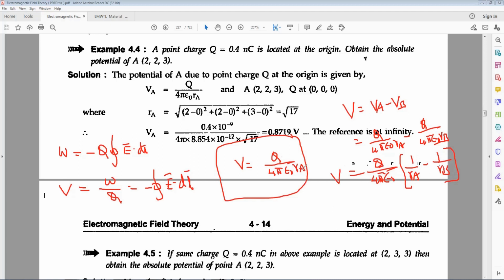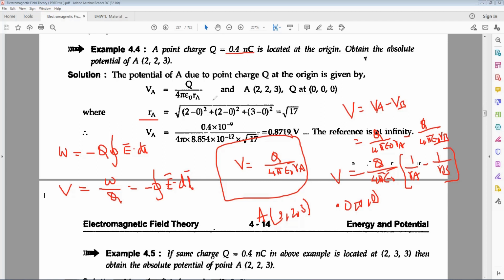Why am I taking RA? The origin is at 0, 0, 0 to find the distance, and A is 2, 2 and 3. So you can take the receiving end minus the sending end, 2 minus 0, 2 minus 0 and 3 minus 0, and you get the distance RA, root of 17.